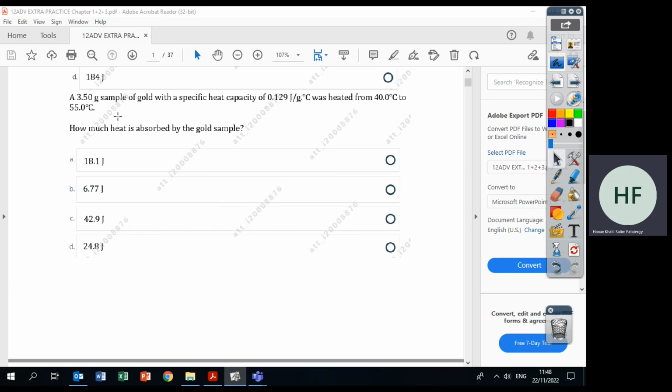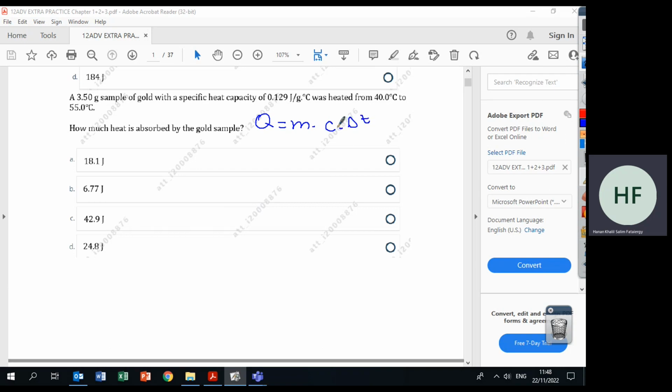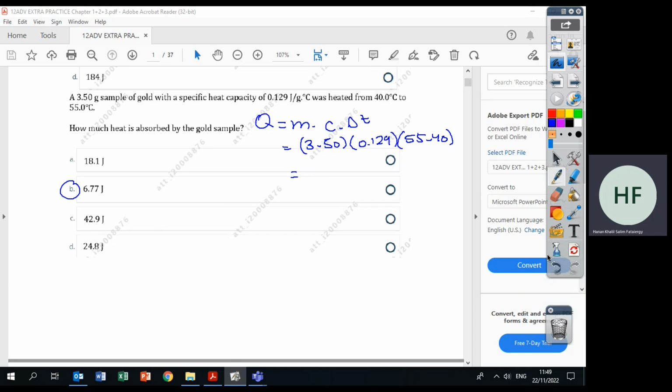Okay, similarly, read the question, go through it, answer. Okay, so the answer is B, 6.77.